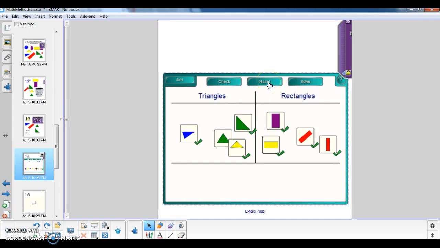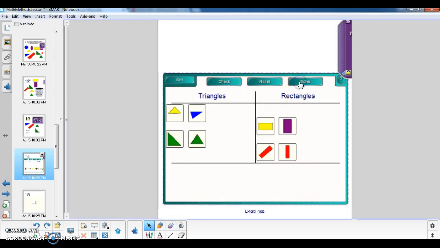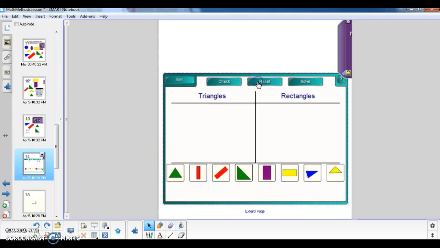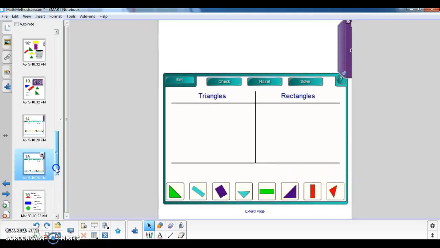If you accidentally put them on the wrong one and click check, it'll give you the X. Then you can click check again, or you can click solve to get the right answer. And so I just have students come up to the SmartBoard and drag those. And then I have the same thing except with different colored and different shaped triangles and rectangles.